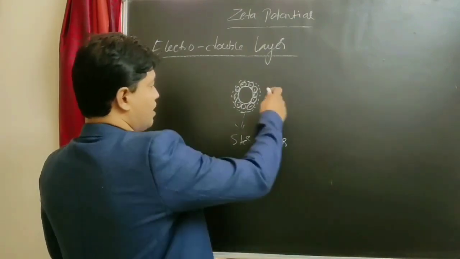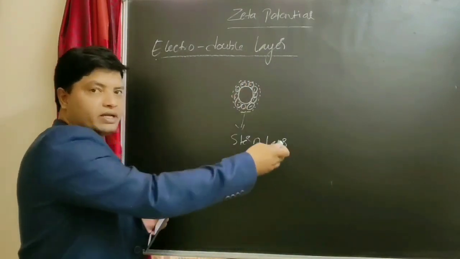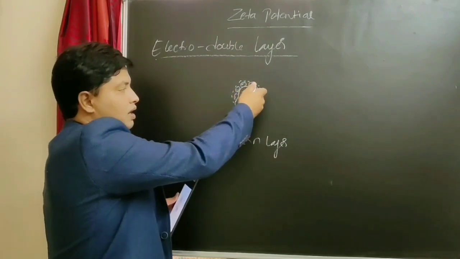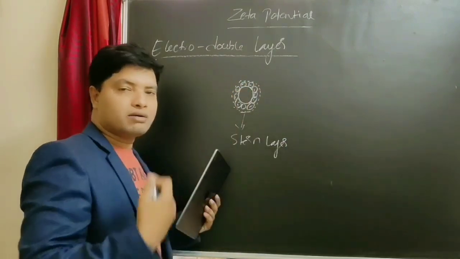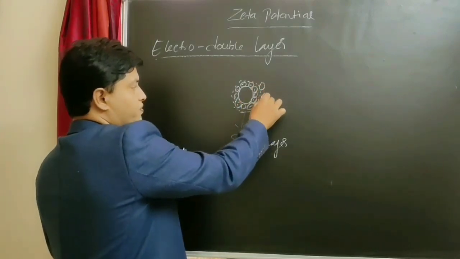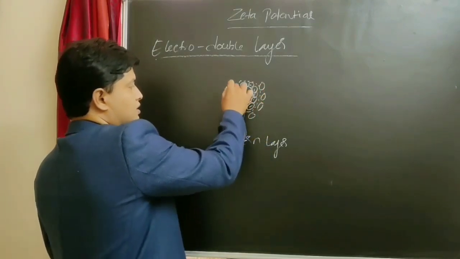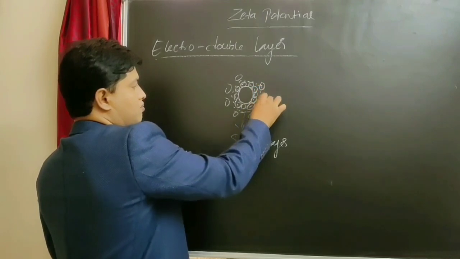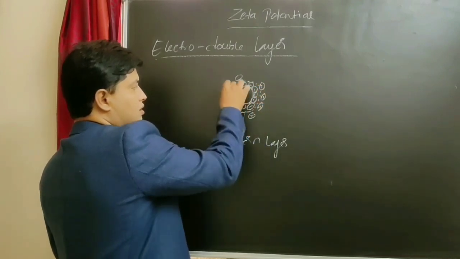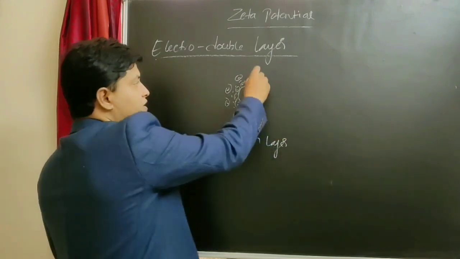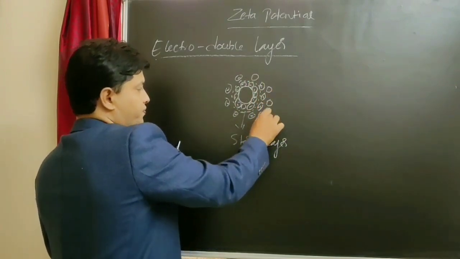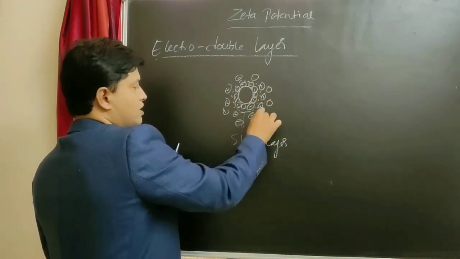Next, as the particle charge is negative, because negative ions are adsorbed, it will attract positive ions. So we get the positive ions here, but along with the positive ions, negative ions will also come.